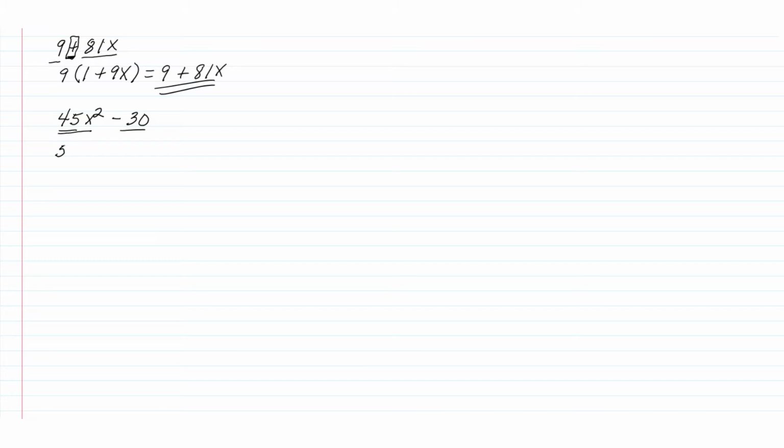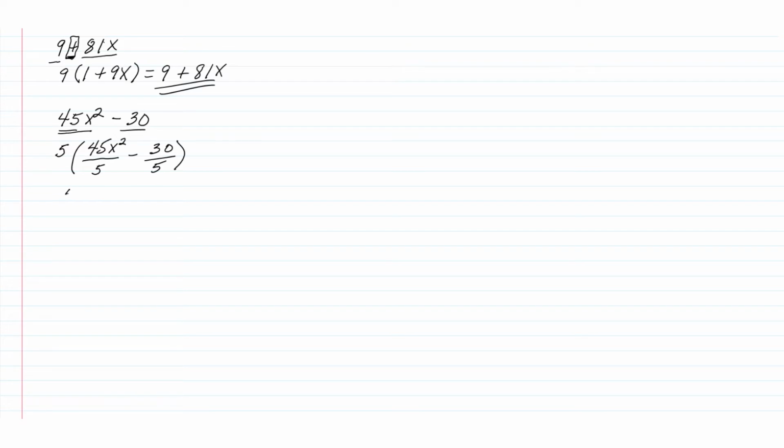So when we pull out our 5, we're looking for what's left. If you're not sure what's left, or you're new to factoring, the best thing might be to take your 45x squared and divide it by the 5 that you've pulled out, minus the 30 divided by the 5 you've pulled out.